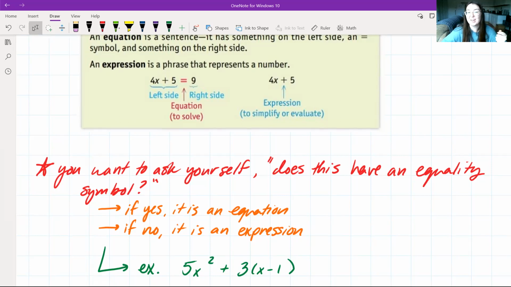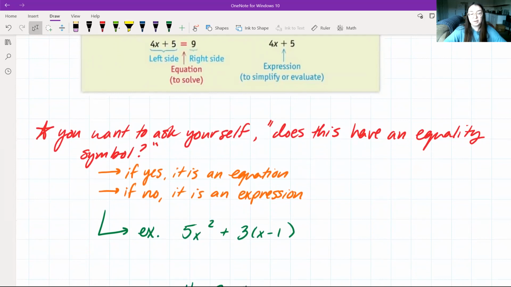If it does not have the equality symbol, it is an expression. I apologize for mixing those up there. Those E words kind of mess me up sometimes. All right, so if we have the equality symbol, it is an equation. If there is no equality symbol, it is an expression. So that's the main difference that we're looking for when we want to identify the difference between them.